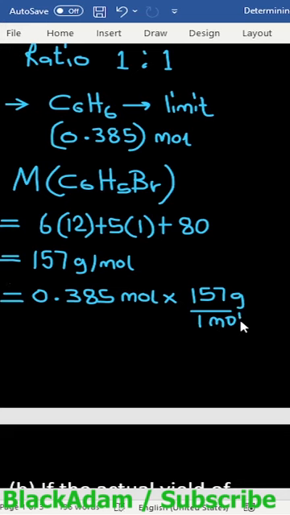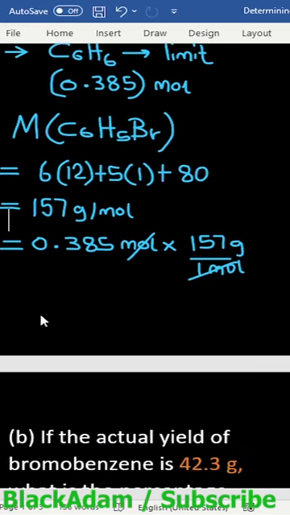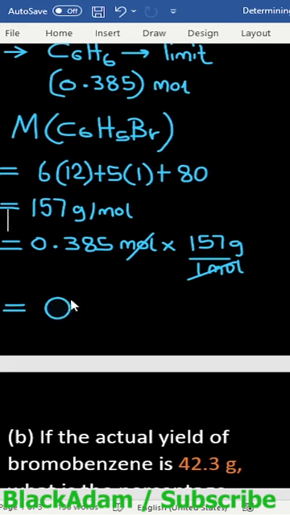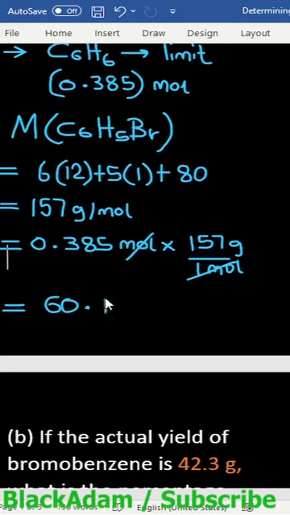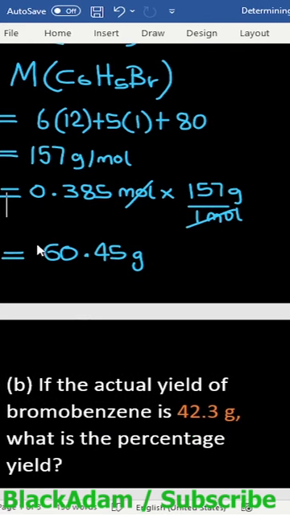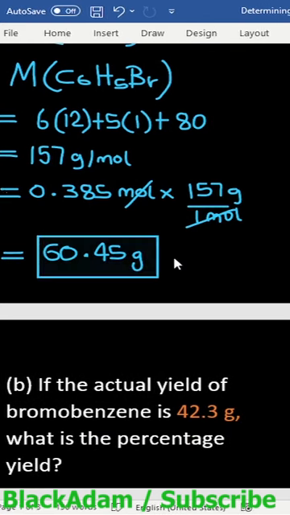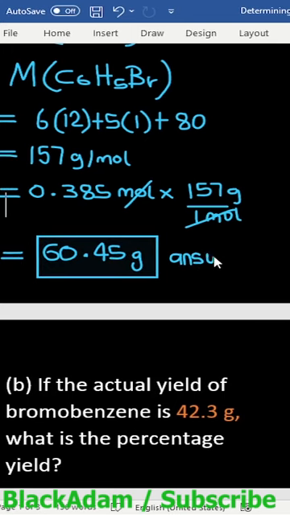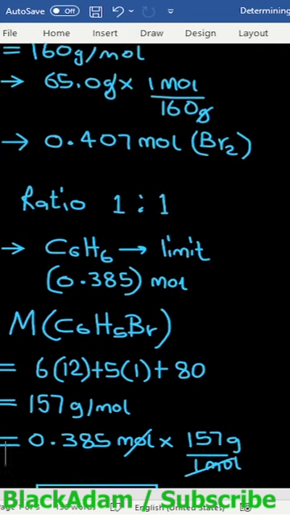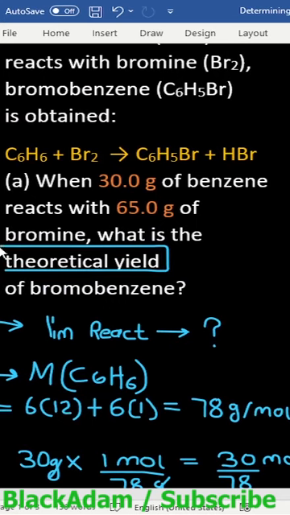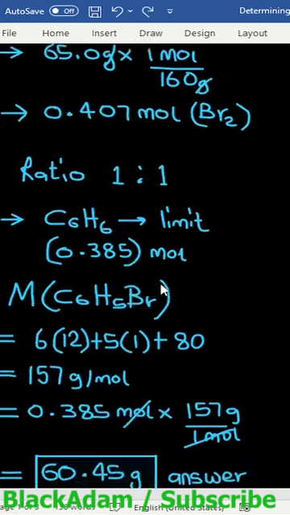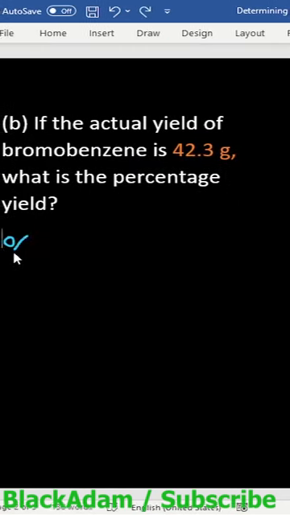The mass will be 0.385 multiplied by 157, and that means we have 60.45 grams. So that's the theoretical yield. By theory, if we react 65.08 gram, we should get this amount.